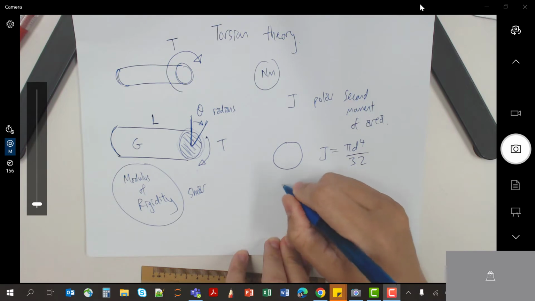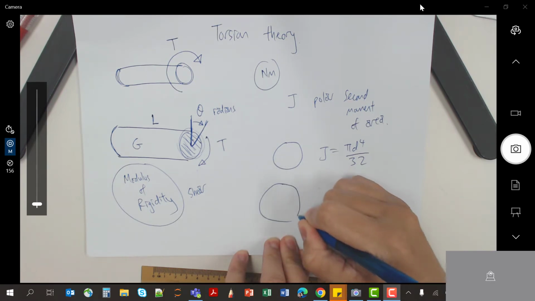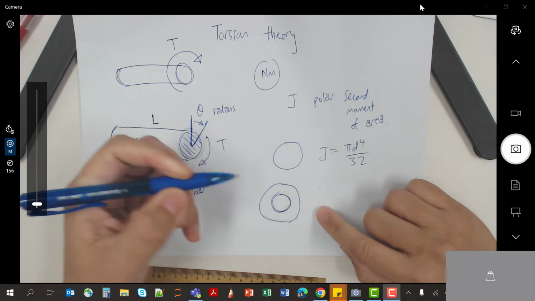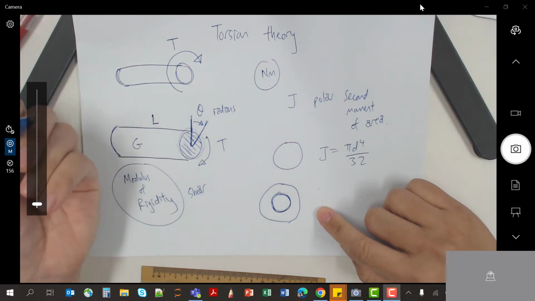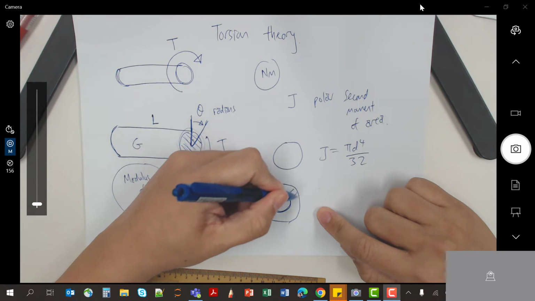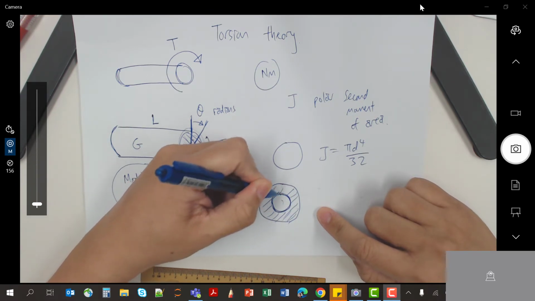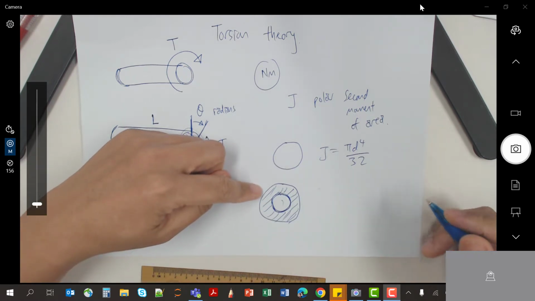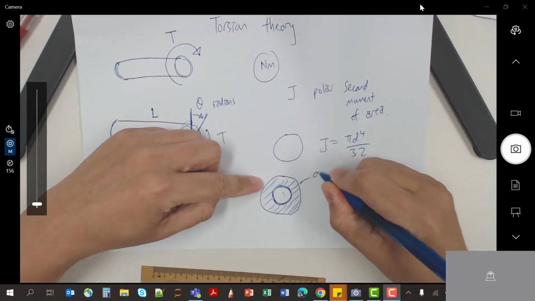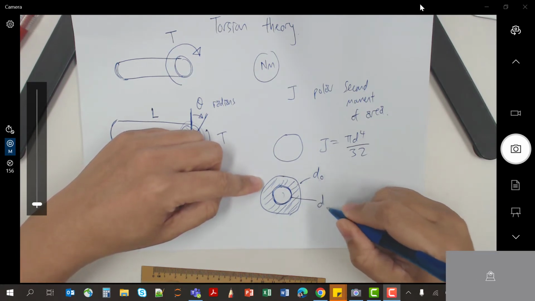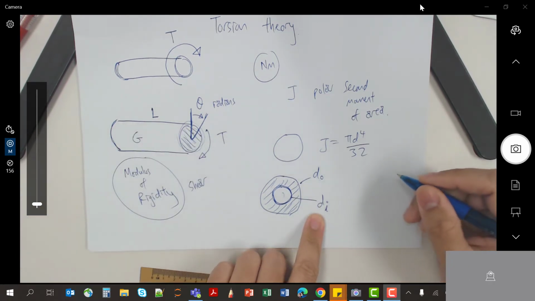Very commonly, the question will involve a hollow rod, a hollow shaft, which means the inside is hollowed out. There's no material inside. So you're going to have this shape, with an outer diameter d out and an inner diameter d in.